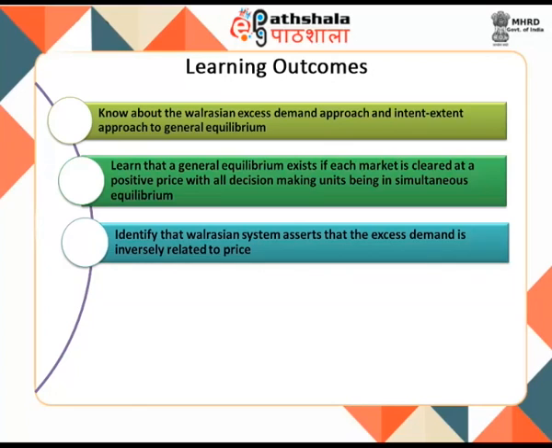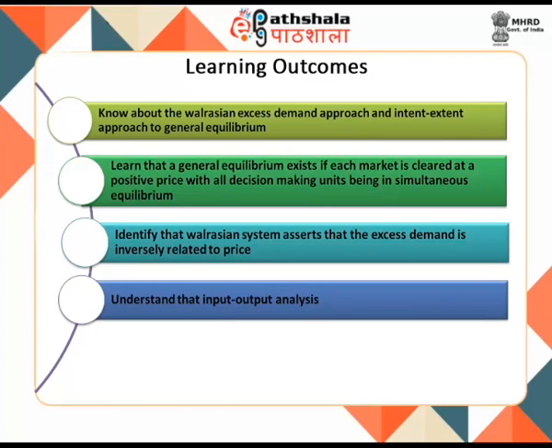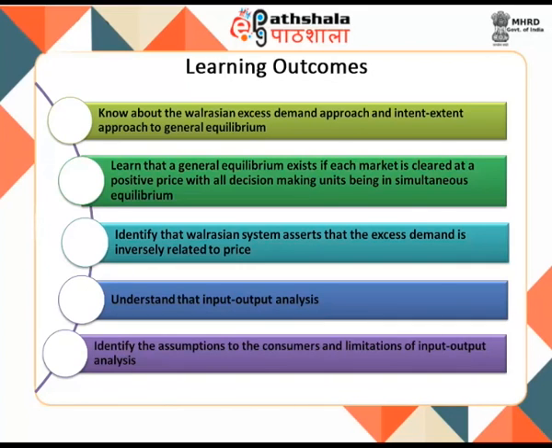Identify that the Walrasian system asserts that the excess demand is inversely related to price. Understand that input output analysis is an analysis of inter-industry relations of the network of intermediate products passing from one industry to another or sold as final products to the consumers. Identify the assumptions and limitations of input output.